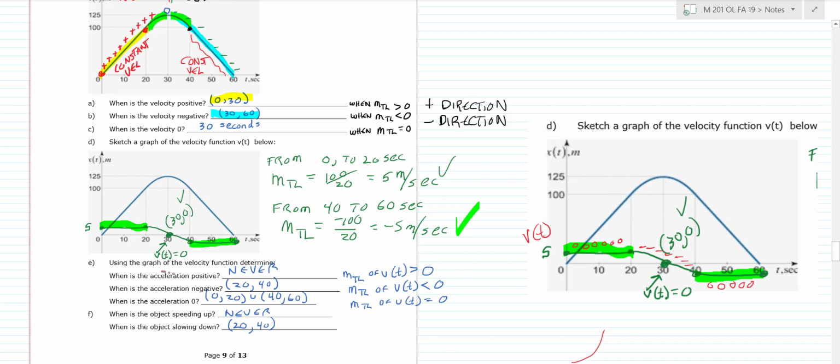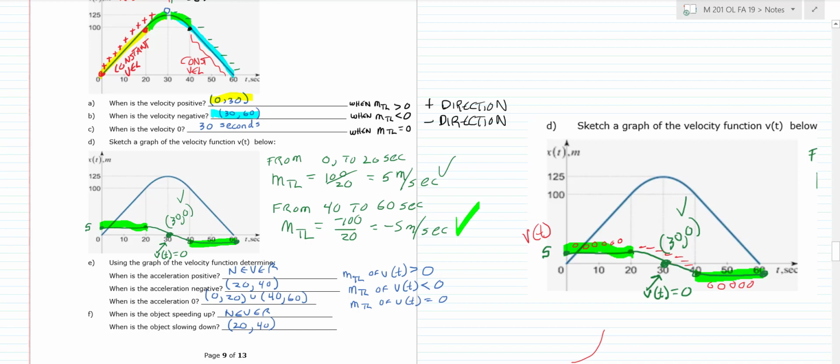So the acceleration is never positive. The acceleration is negative from 20 to 40. Clearly, that's where the tangent lines are negative. The acceleration is 0 from 0 to 20 and 40 to 60. The object's never speeding up because the acceleration's never positive, but it's slowing down wherever the slope of the tangent line is negative. So those are the answers to that problem.